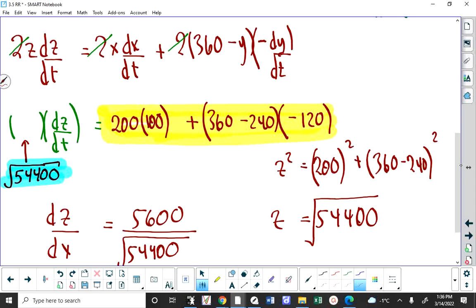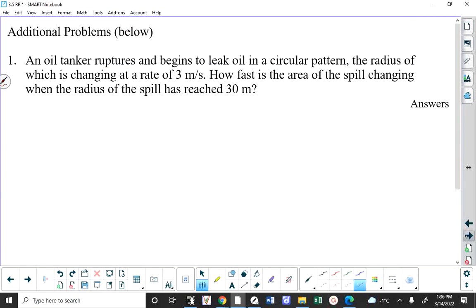This will be on your exam. And I would go so far as to say, I don't think there's too many related rates questions that I wouldn't expect you to be able to do in this course. If we do encounter one, I'll make a point of saying, we'll do this one, but don't worry about it too much because it's probably not going to be on the exam.